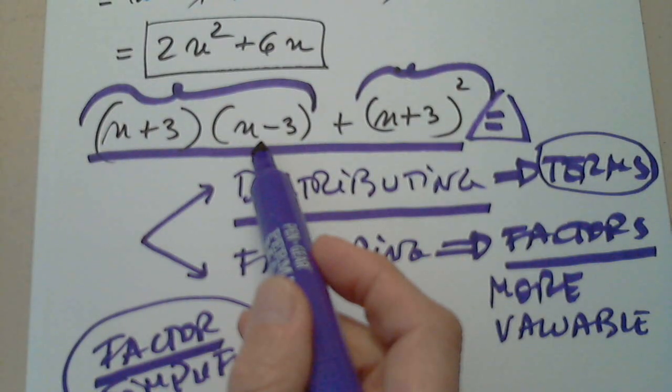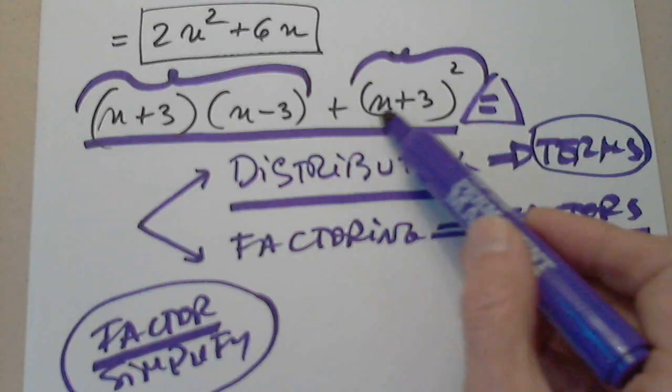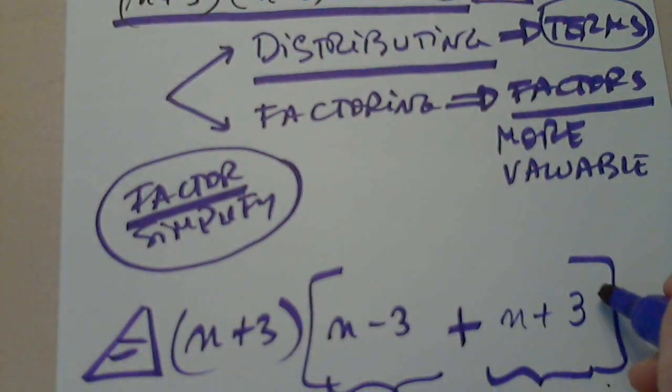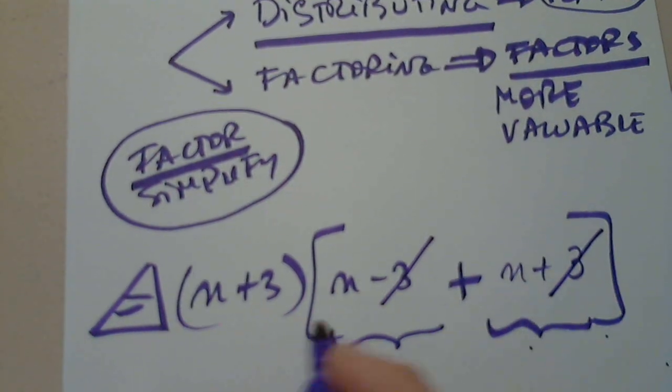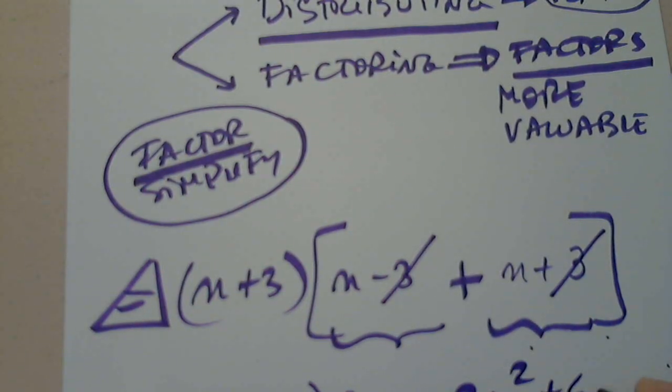So all I have is n plus 3 multiplied by 2n, which, when I distribute, is 2n squared plus 6n.